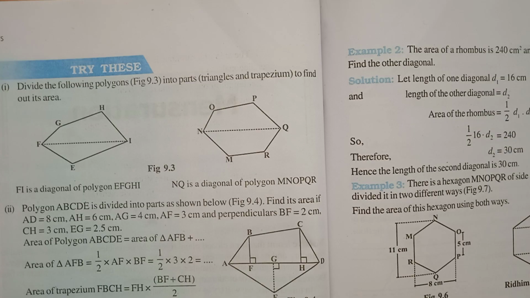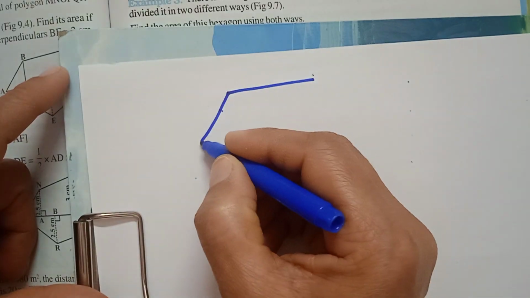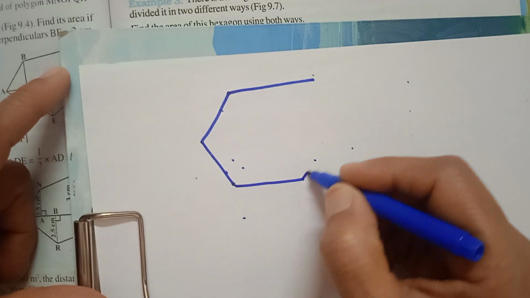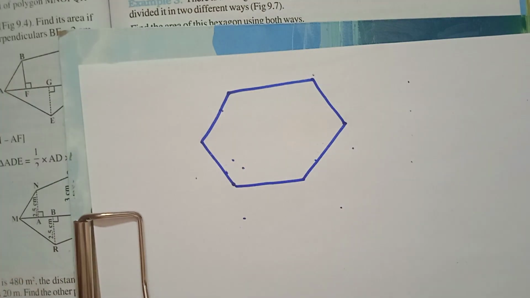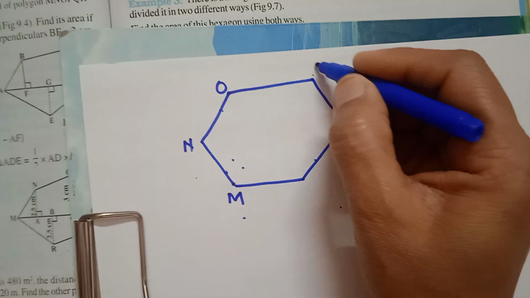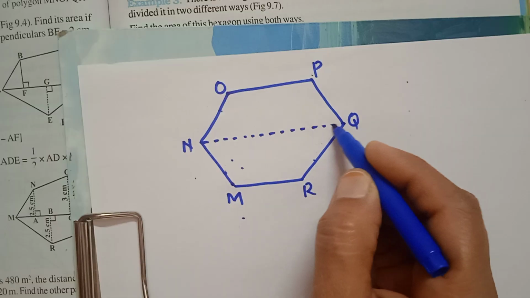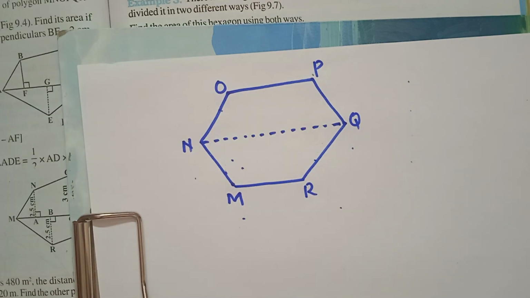So let's move to the detailed drawing of the pictures. Let me draw this picture for you, a plain polygon, and solve it. M N O P Q R, and this is the diagonal that they have drawn, NQ.